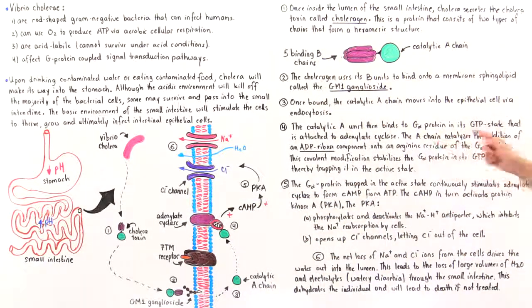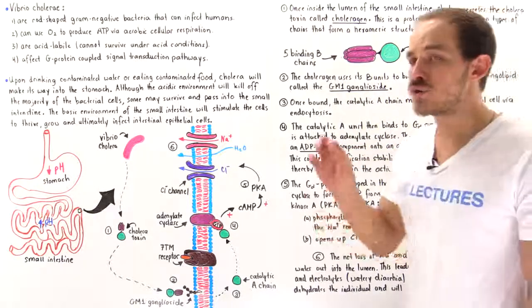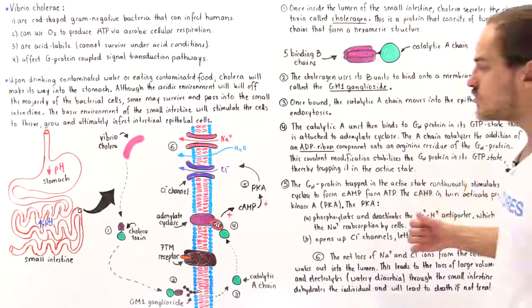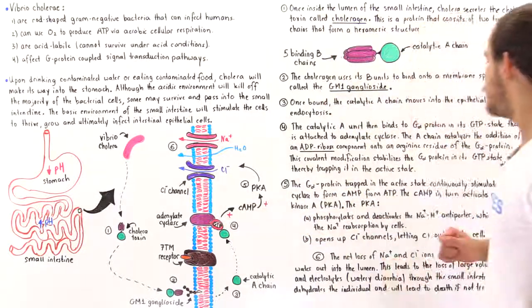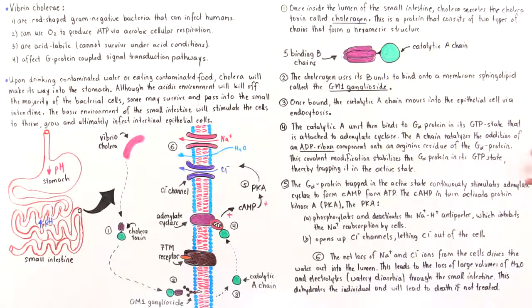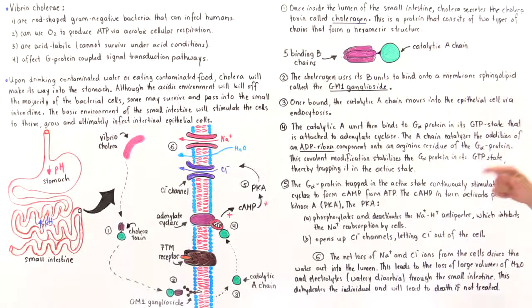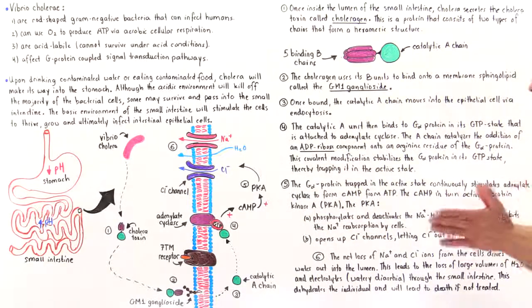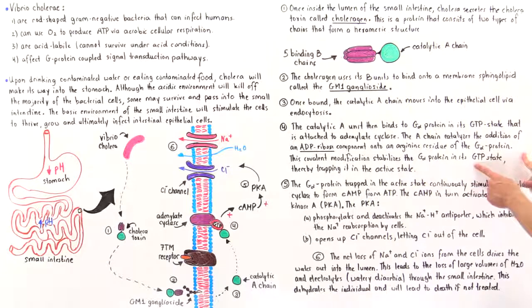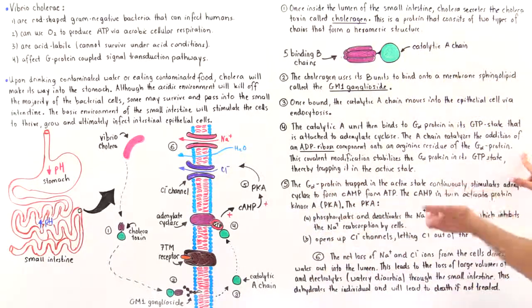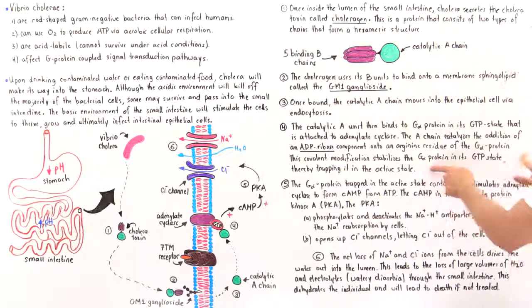Now, the A chain catalyzes the addition of an ADP ribose moiety onto an arginine residue found on this G protein in the GTP phase. This covalent modification stabilizes the structure of the GTP phase, and so this structure will not be able to turn itself off, and that traps it in its active state.